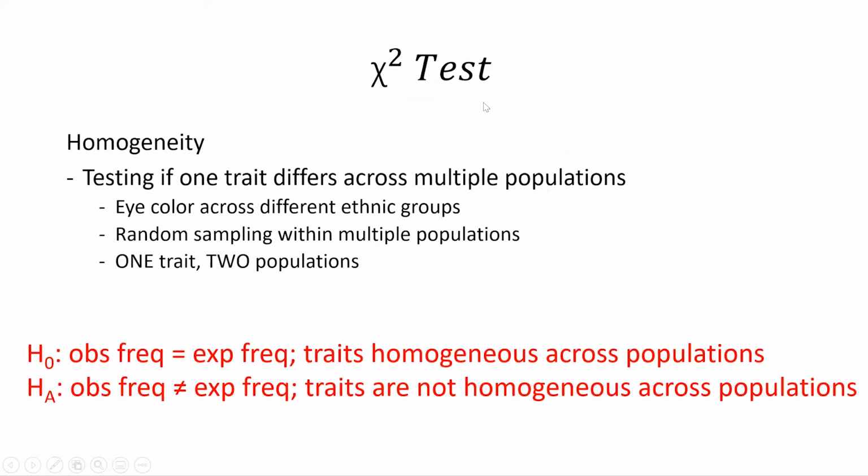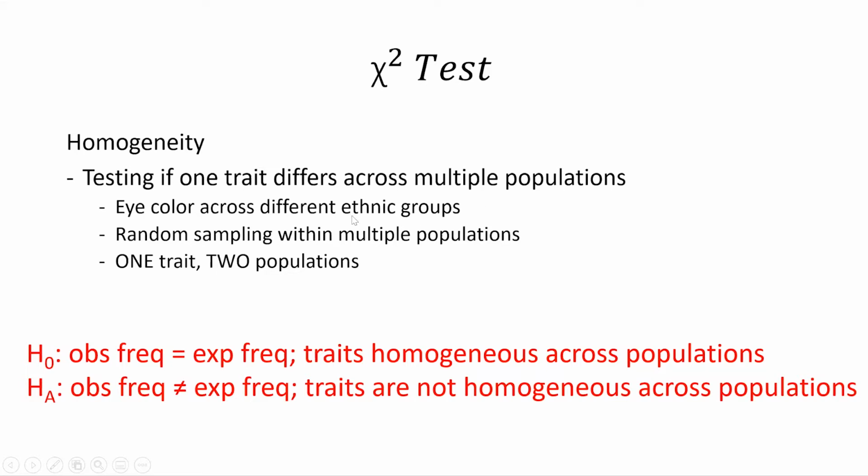Okay. And then we have our chi-square test for homogeneity. This is functionally the exact same thing as an independence test, but our interpretations are different again. And this time we're testing if one trait differs across multiple populations. So eye color across different ethnic groups.